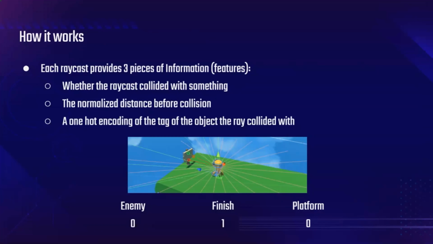Let's say in this example, our set of detectable tags are enemy, finish, and platform. In this picture, the raycasts are hitting a finish sign. So it would return an array that is 0 everywhere and gives a 1 at the finish to indicate that it has detected an object with the finish tag.